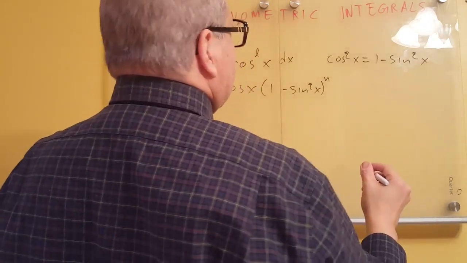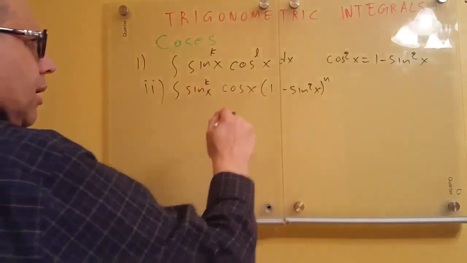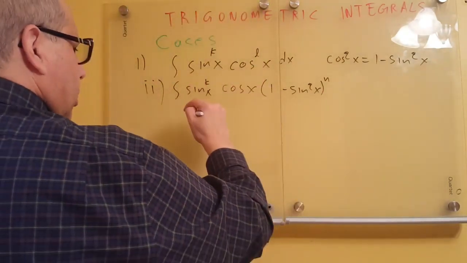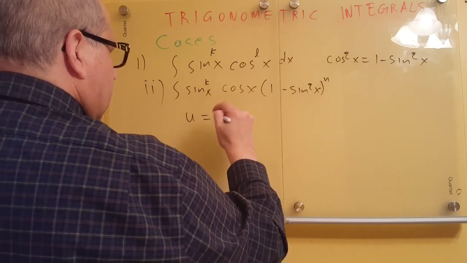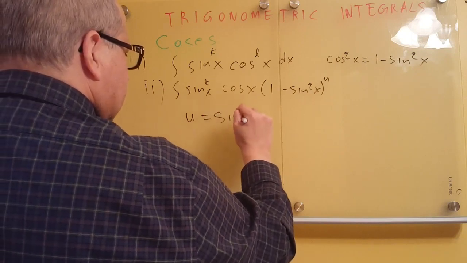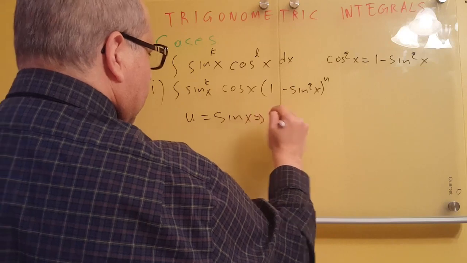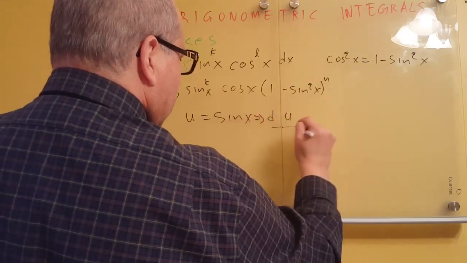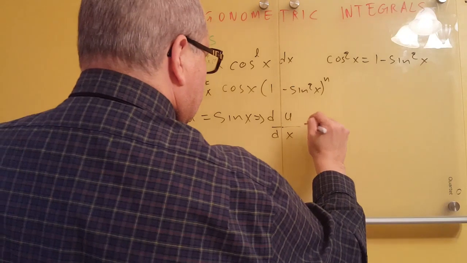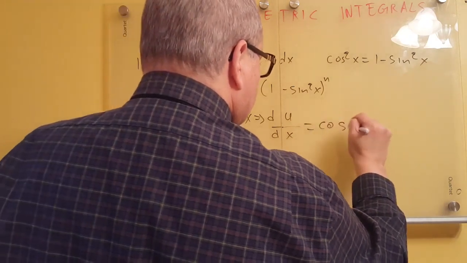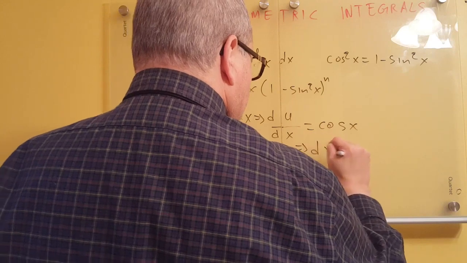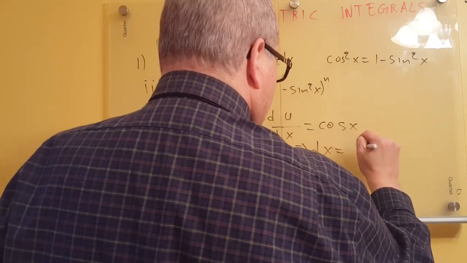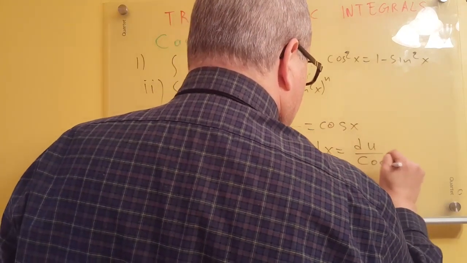And here you substitute also that u is equal with sine x, and from that you have that du over dx is equal with cos x. So that means that if you solve for dx, you will have that dx is equal with du over cos x.